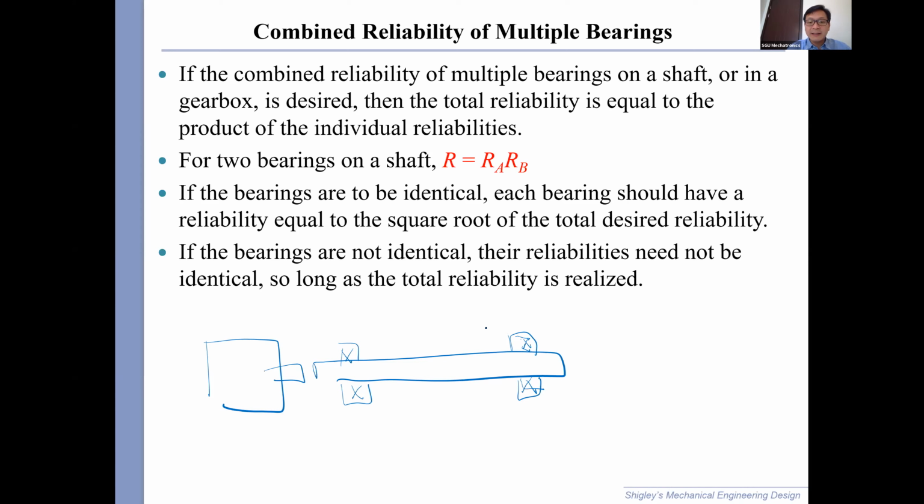So statistically, when we have reliability of A and reliability of B, the combined reliability is RA times RB. Why do we not do RA plus RB? A little bit of mathematics trivia here. If I have two bearings and none of them can fail, why do I do multiplication and not addition?